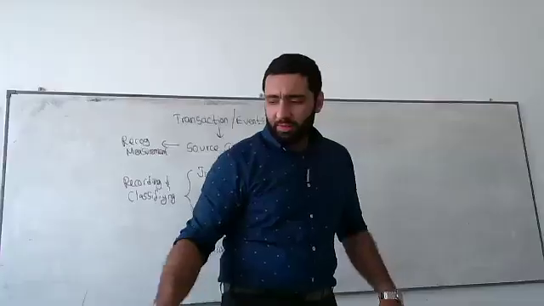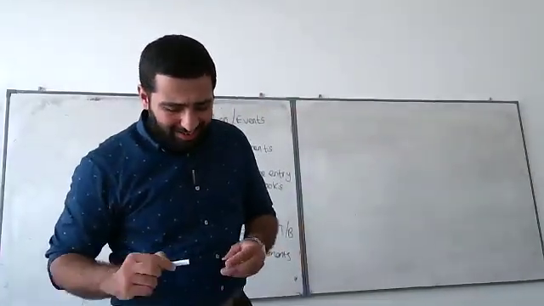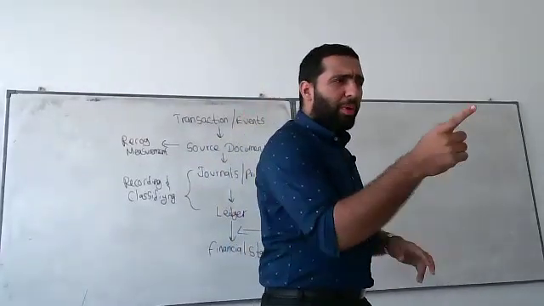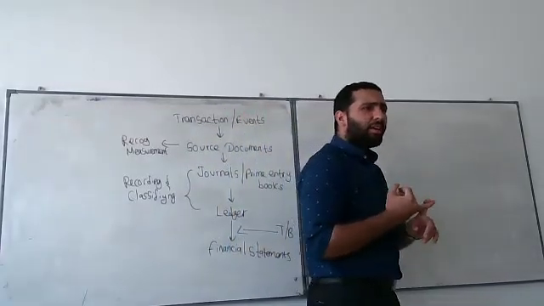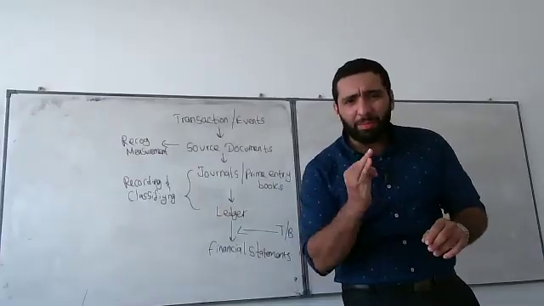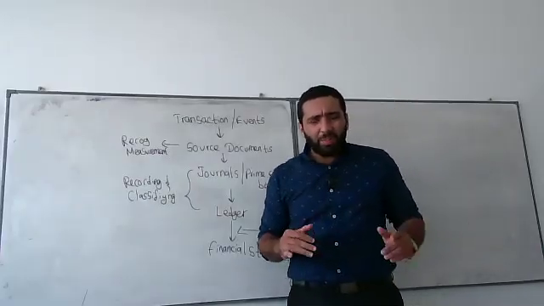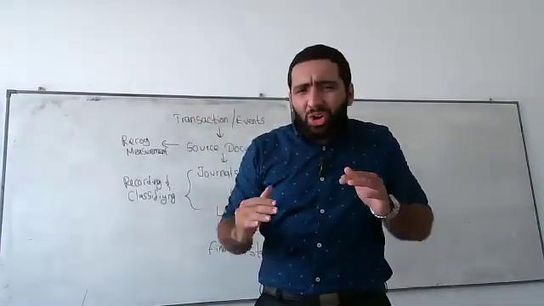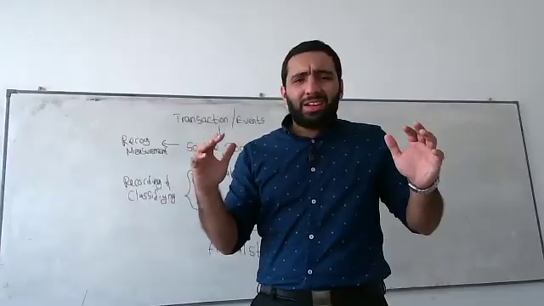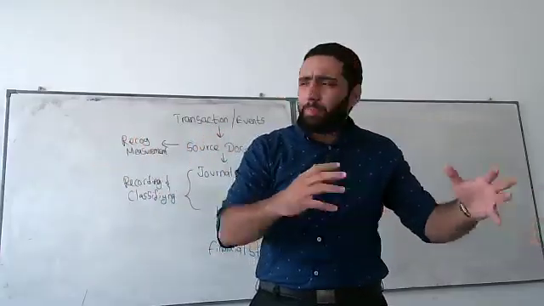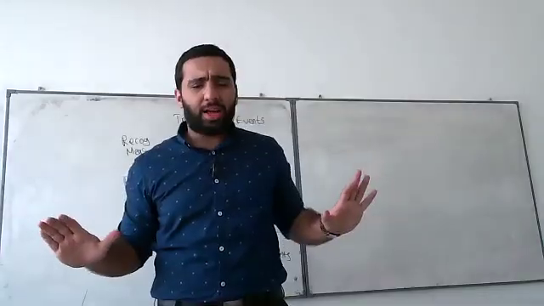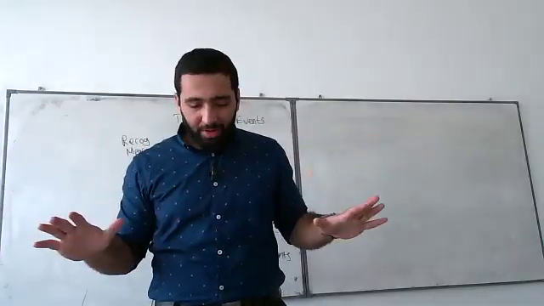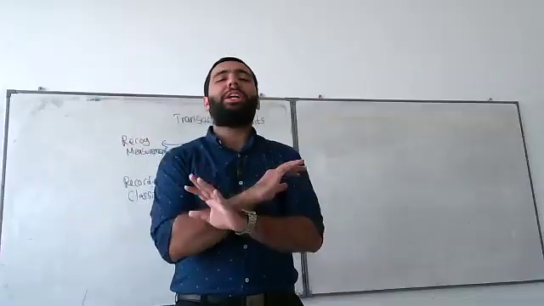In your O levels, we learned something called purchase journal, sales journal, petty cash book, cash book, general journal, sales return journal, purchase return journal. Don't worry, I'm there to teach you everything from top to bottom.